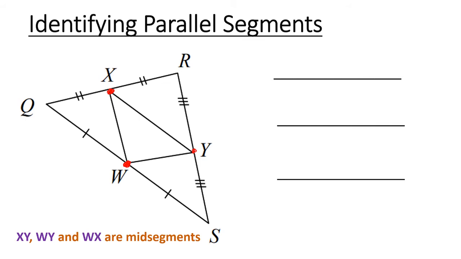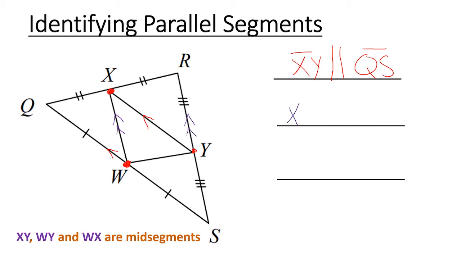So if we look at the mid-segment XY right here, that will be parallel to side QS. So XY is parallel to side QS. And then looking here at XW, I'm going to draw 2 parallel marks here. That will be parallel to RS.